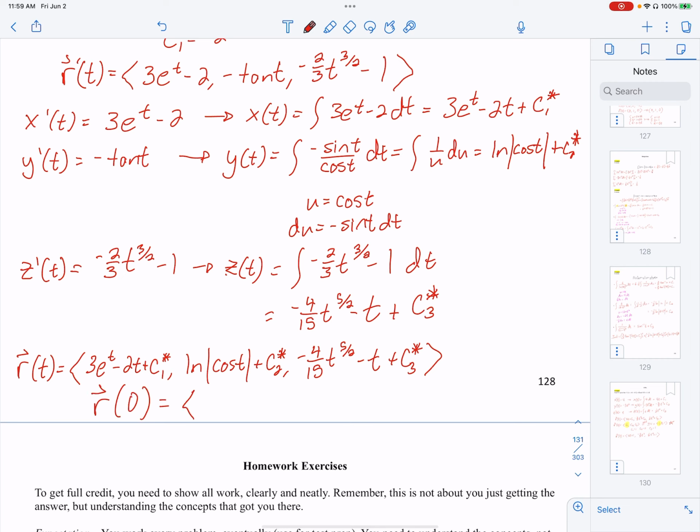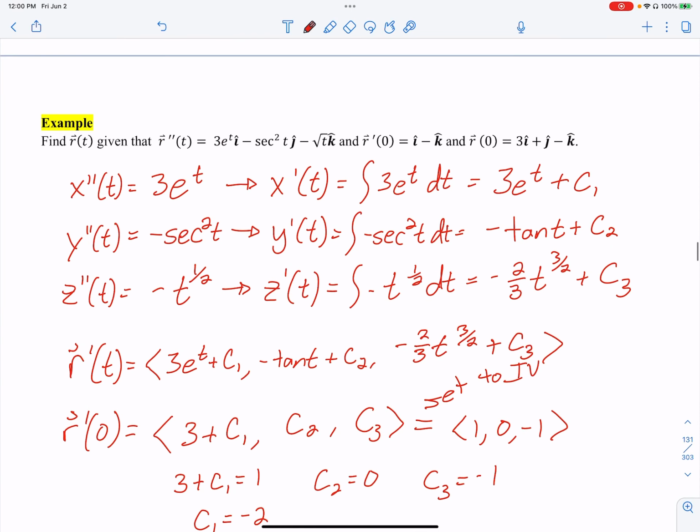Okay, we're plugging in 0 here. So I got 3 plus c1 star. If I plug in 0 for cosine, cosine is 1, ln of 1 is 0, so I get c2 star. Plugging in 0 for that third one, we get c3 star. And then we're going to set this equal to our initial condition. So let me scroll up real quick. The initial condition for r was 3, 1, negative 1.